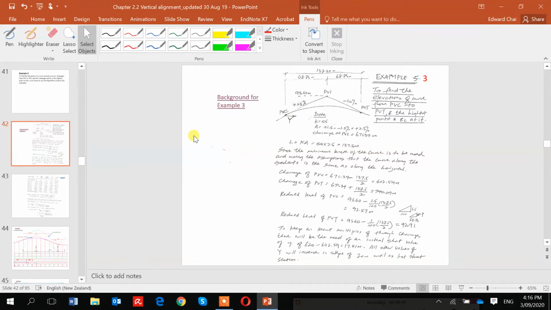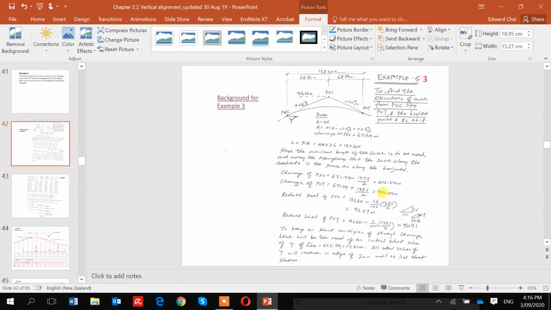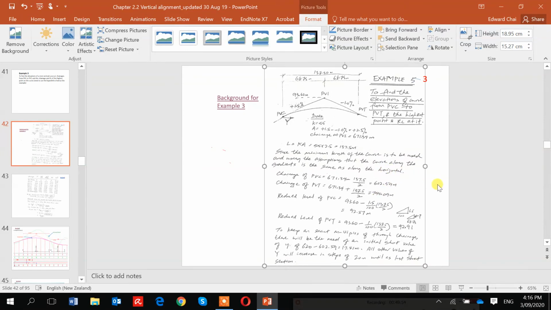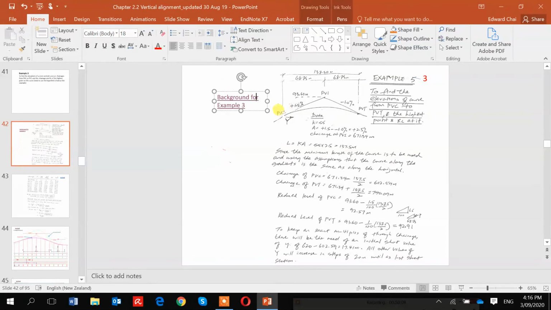Oops. I think better don't touch it. So we need to find out at this point. I don't know, we can draw something. Let me see. I think just a line. So the chainage at PVC here is this one.